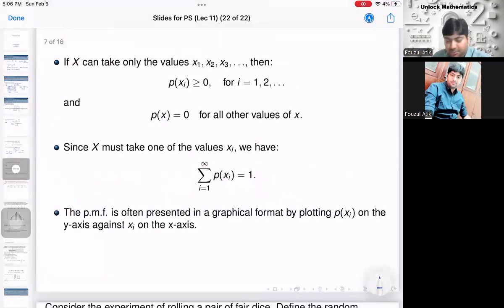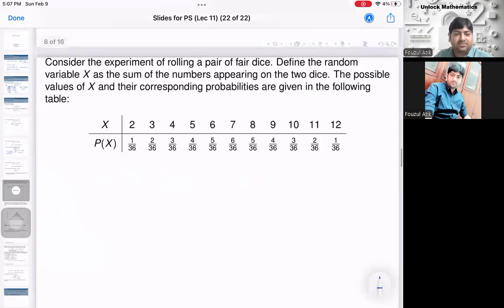Next, the probability mass function is sometimes presented in a graphical format by plotting P of xi on the y-axis and xi on the x-axis. How? Look at this experiment. Consider the experiment of rolling a pair of dice, the same experiment.